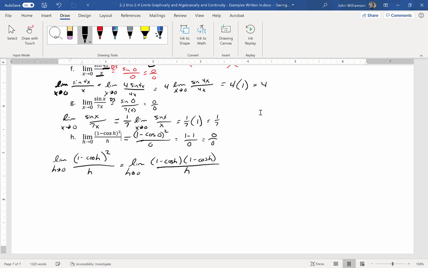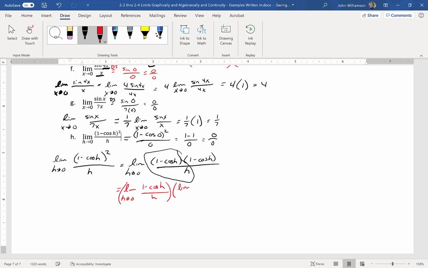Well, now, here's my special trig limit, right? So I can rewrite this. This is the special trig limit times 1 minus cosine h. So then this becomes limit as h is approaching 0, 1 minus cosine h over h. There's our special trig limit.